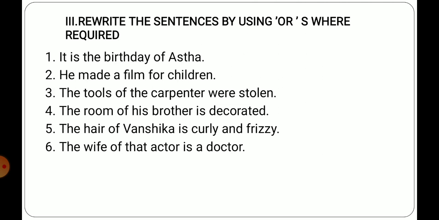The room of his brother is decorated. His brother's room is decorated. The hair of Vanshika is curly and frizzy. Vanshika's hair is curly and frizzy. The wife of that actor is a doctor. That actor's wife is a doctor.